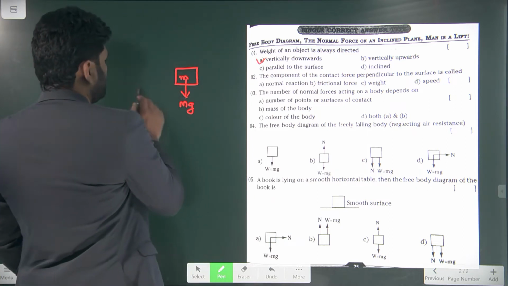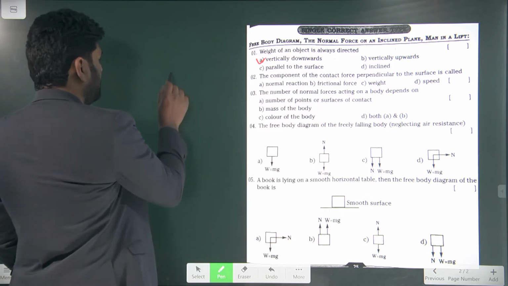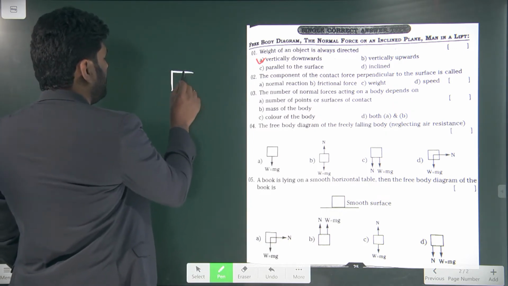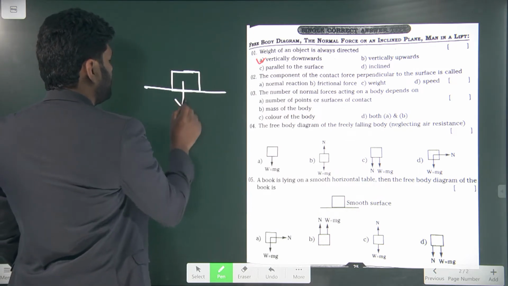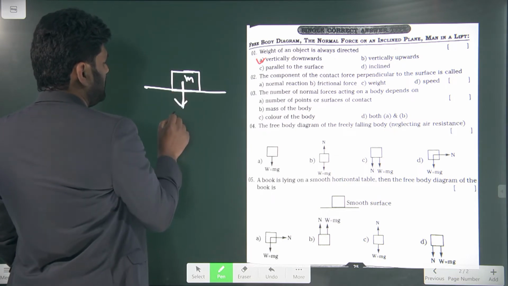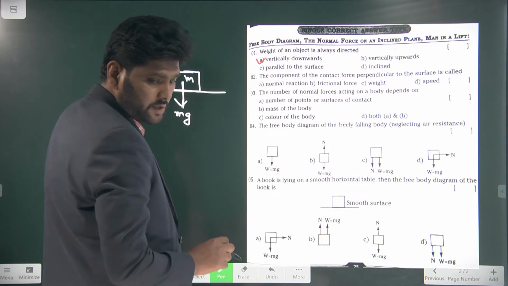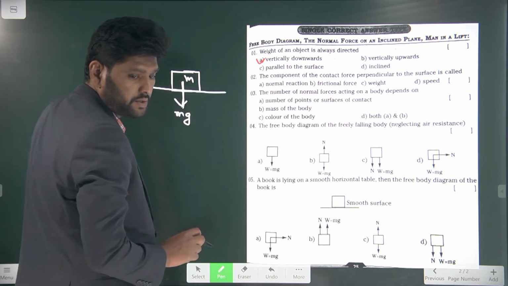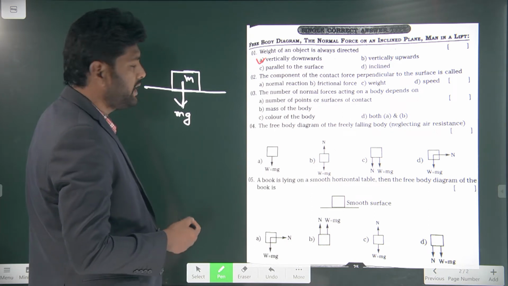See, once again, look here, same body. This is a body on the surface. If it has mass m, mg will act in the downward direction. Am I right? When mg is acting downward, in which direction will the normal reaction act?